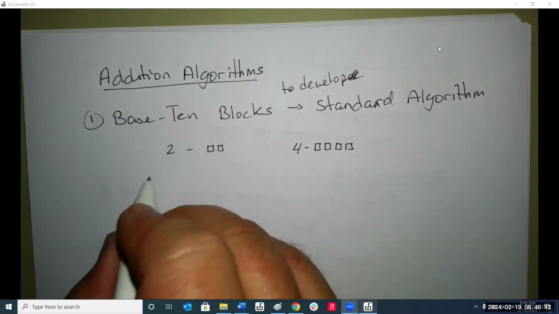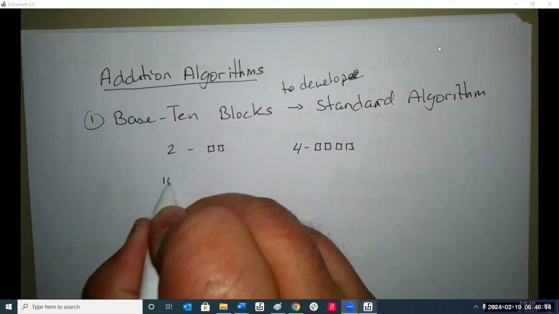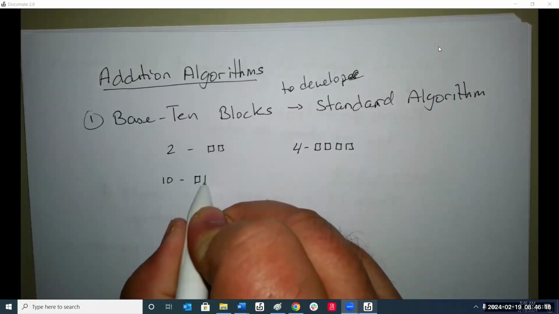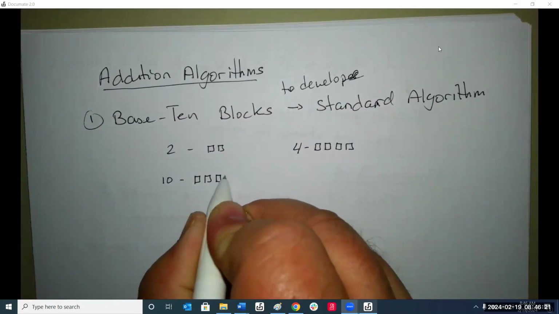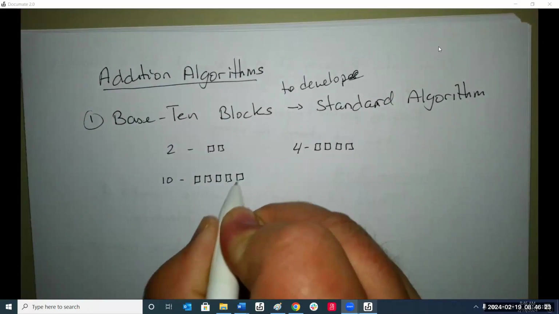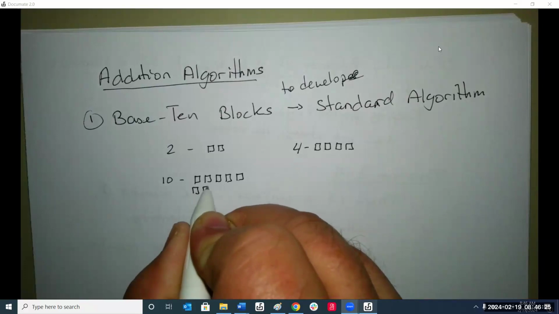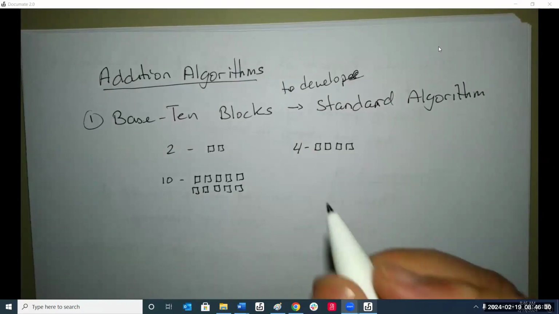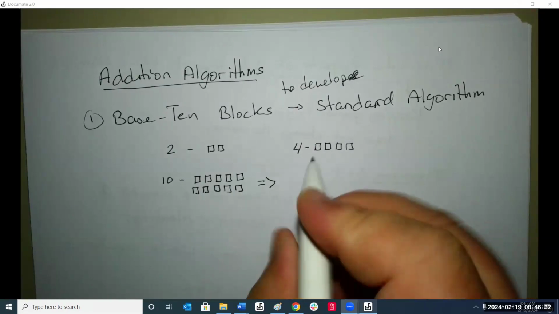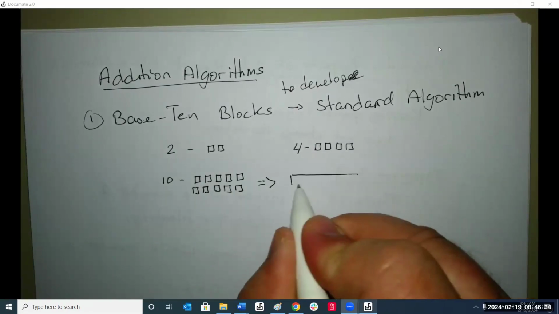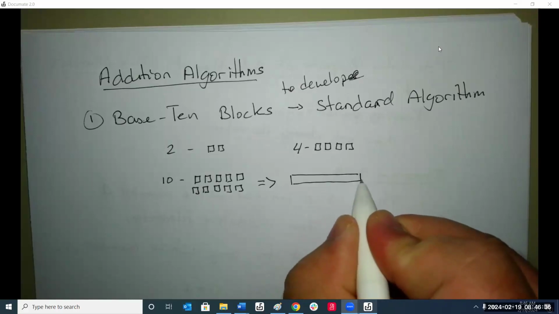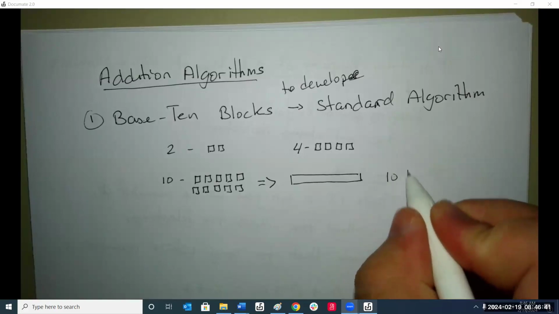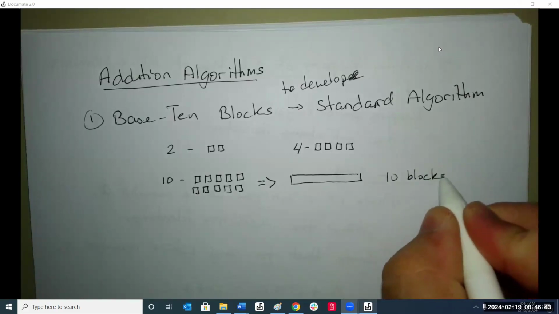Then we jump into the 2-digit numbers. 10: instead of putting 10 individual boxes, we use the bar. This represents 10 blocks.